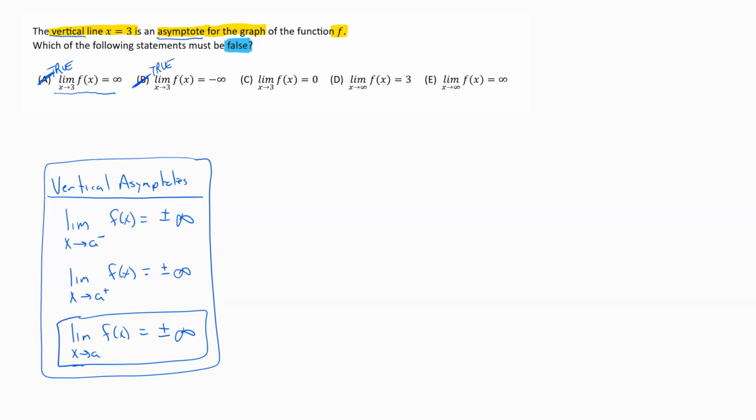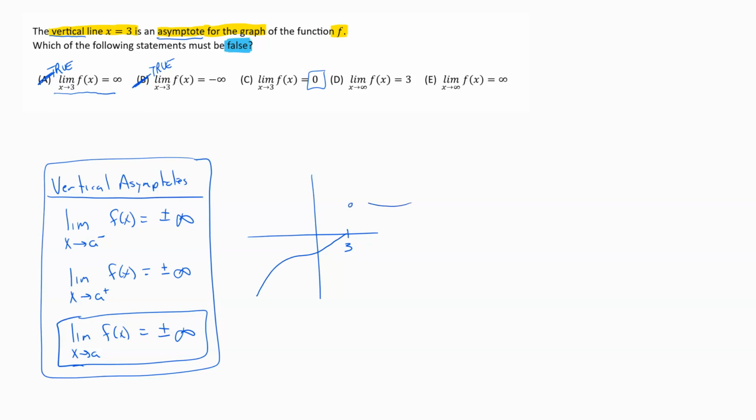Then looking at option C, it's saying the overall limit as x approaches 3 equals 0. Well, you're not going to have an overall limit. You could have a one-sided limit with a vertical asymptote. I could come in from the left-hand side or the right-hand side, and I could end up equaling 0. But I can't have an overall limit because then I would not have a vertical asymptote.